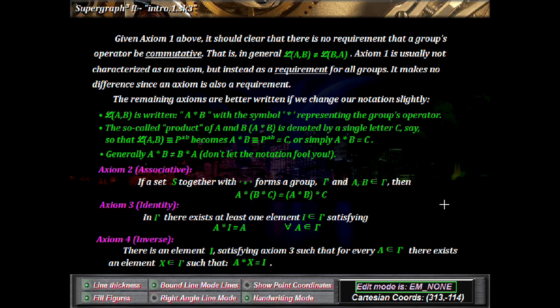Well, that's the first one. Closed. Associative is true. This I thing exists, and there's at least one thing that has this property against any other element of the group, and that this inverse thing is satisfied.